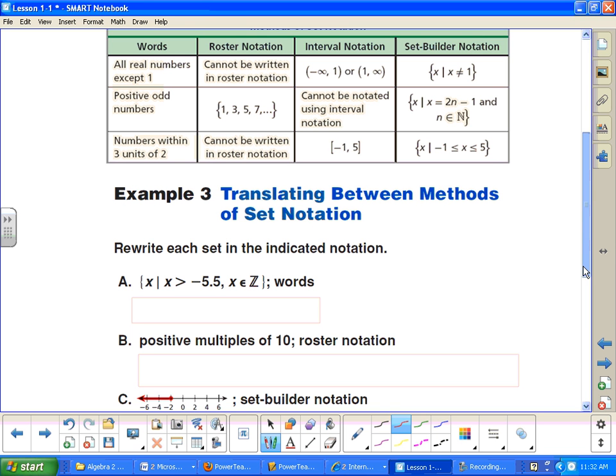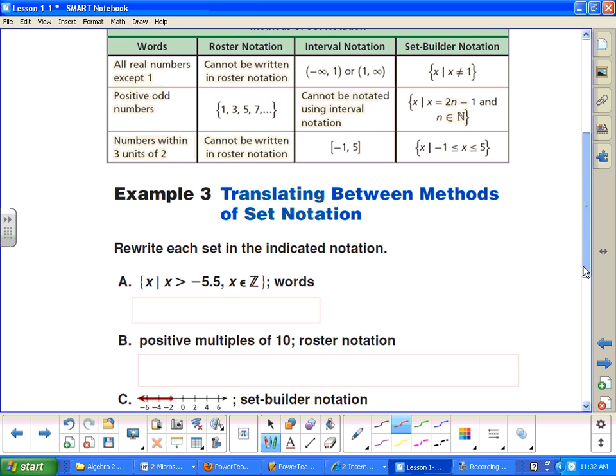So translating between methods. Okay. So if we wanted to use these numbers here, it says this means x such that x is greater than negative 5.5, where x is an element of z.